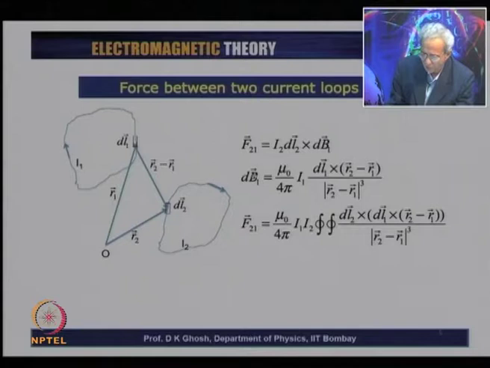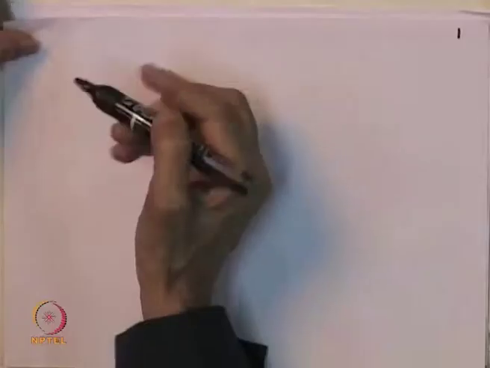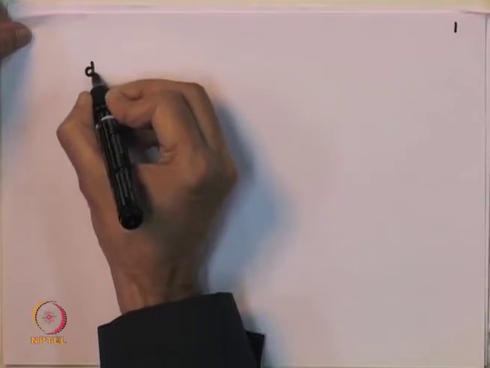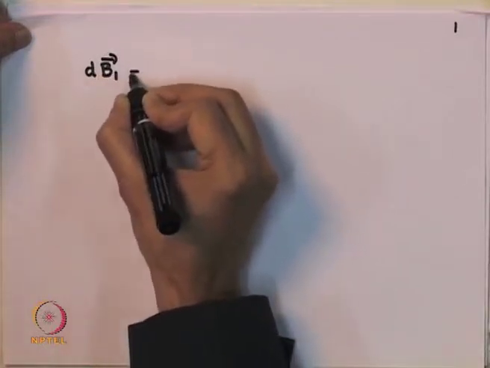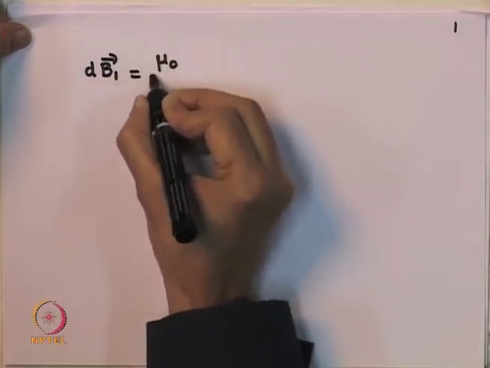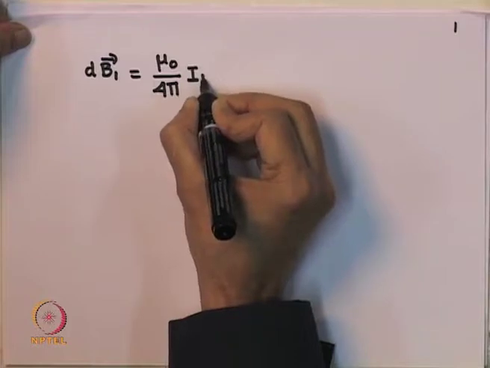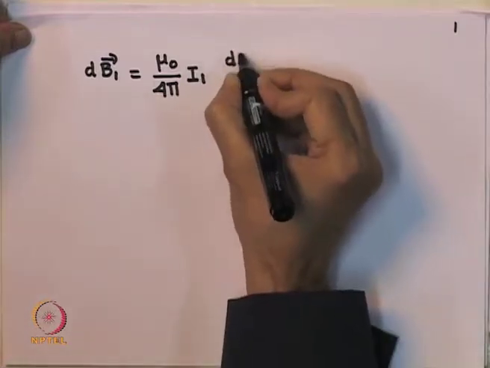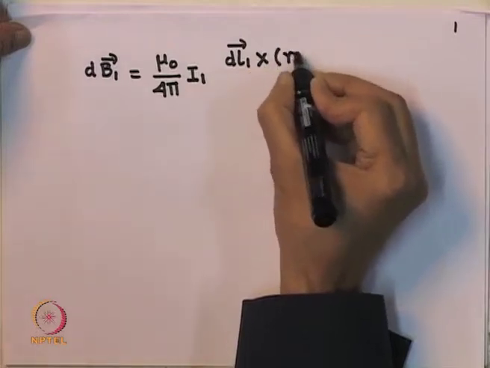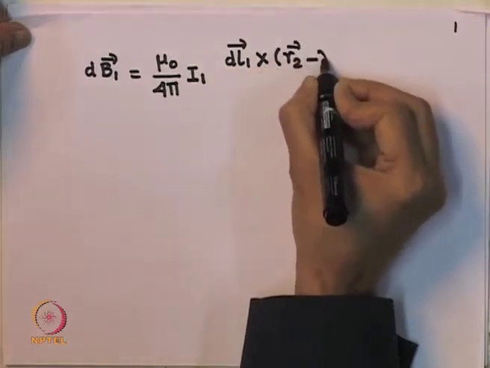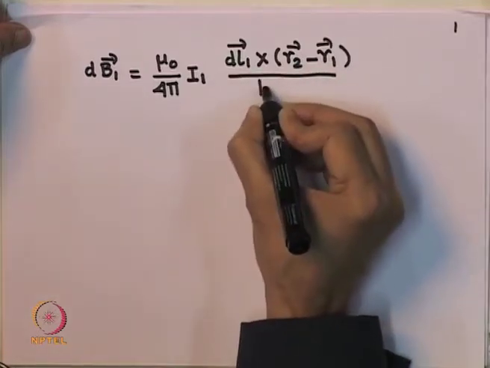So, we know that, for instance, the magnetic field due to the current element dL1 is given by dB1, let us say, that is equal to mu0 by 4 pi, I1 is the current, times dL1 cross R2 minus R1, divided by the cube of the magnitude of R2 minus R1.